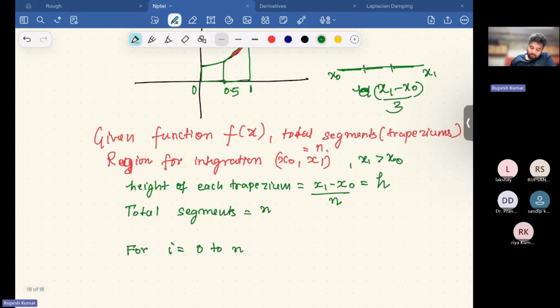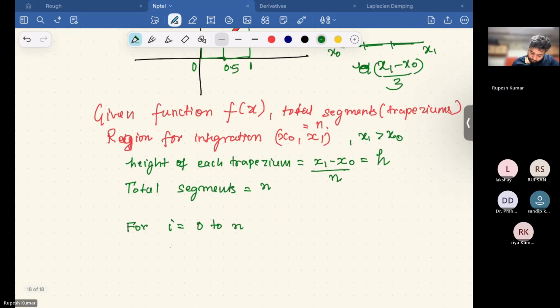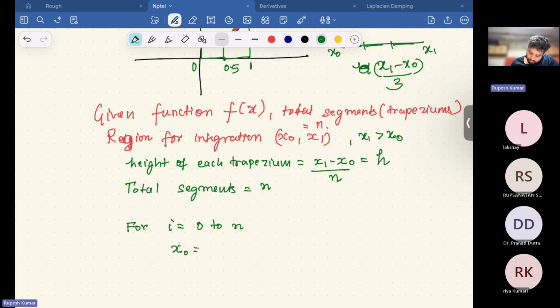So for each segment, what we do, we compute, let's call it xa, is equal to x0 plus i into h, right?